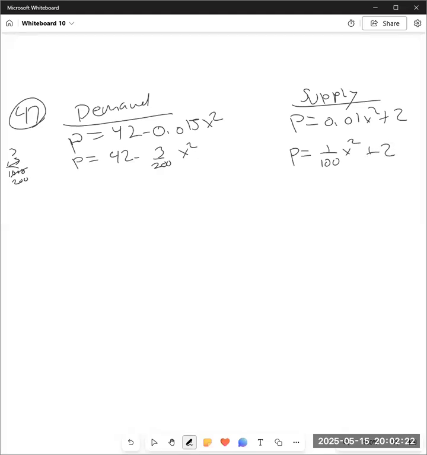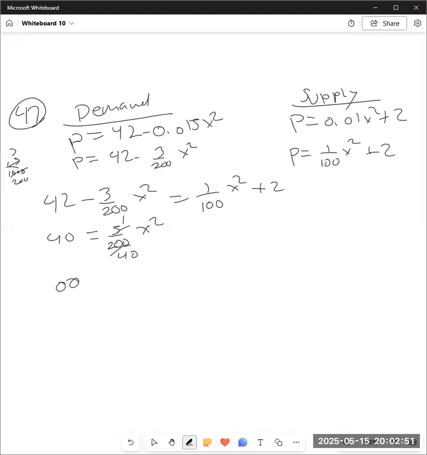So set them equal to each other. It's 40 equals 5/200 x squared. That goes into there 40 times.